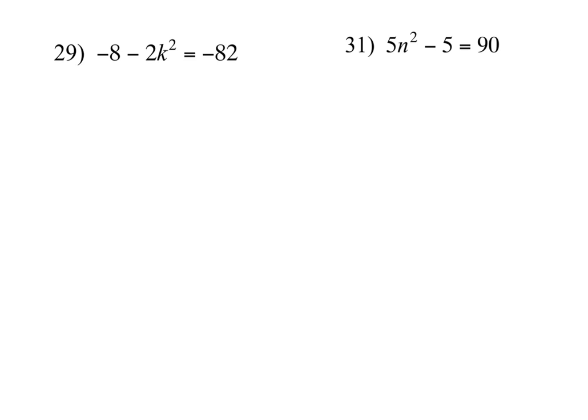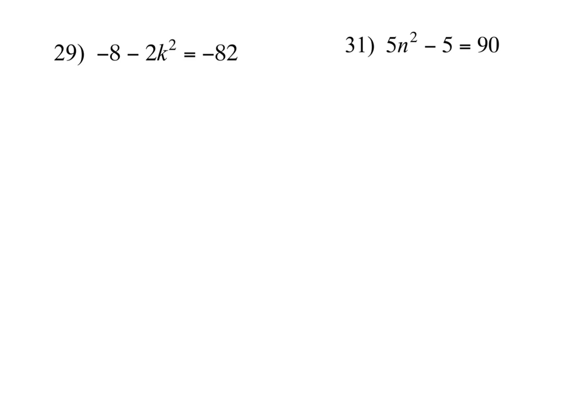You cannot decide if it is going to be a special case until you have that variable all by itself. So until you have the x squared or the b squared or whatever the squared may be, in this case k squared by itself, you can't automatically say, oh, no solution. So you don't want to look at this problem number 29 and say, oh, negative 82, no solution, because that's not necessarily correct. I have to work out just the k squared by itself before I make that decision.